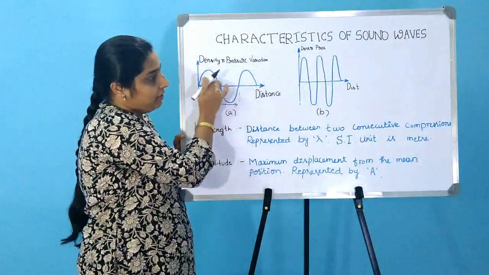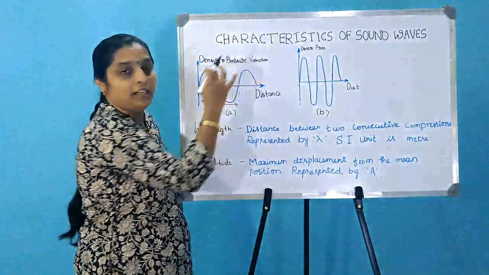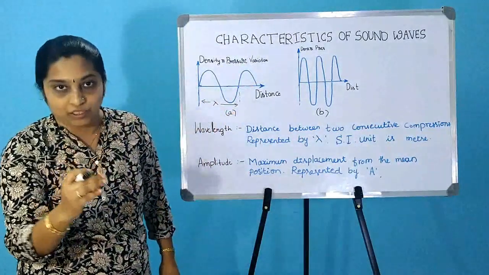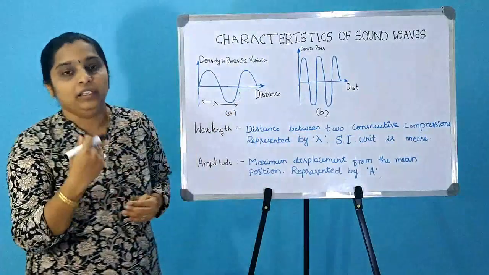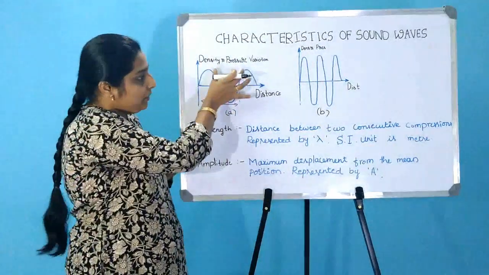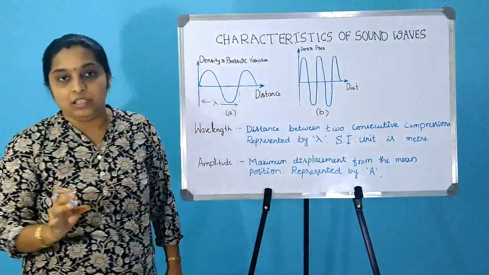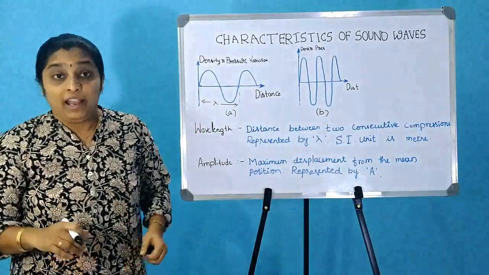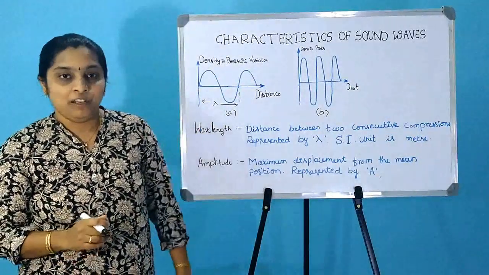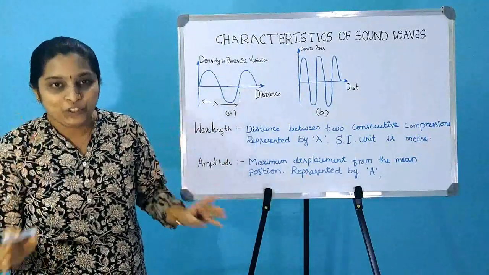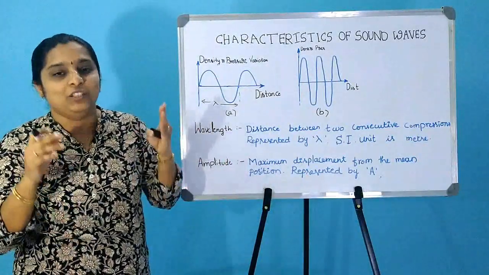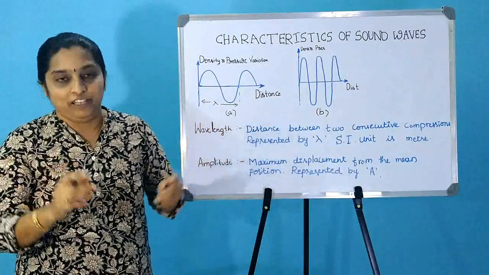If we take half of these two waves, that also forms one more crest, so that is not a new definition. This definition is only told in a different way. The distance between two consecutive compressions is also called wavelength. And what can be one more definition? Yes, the distance between two consecutive rarefactions is also called wavelength.